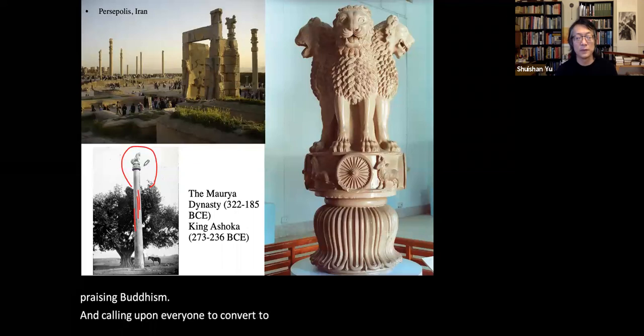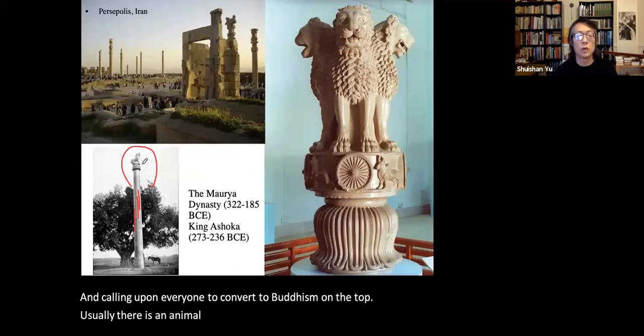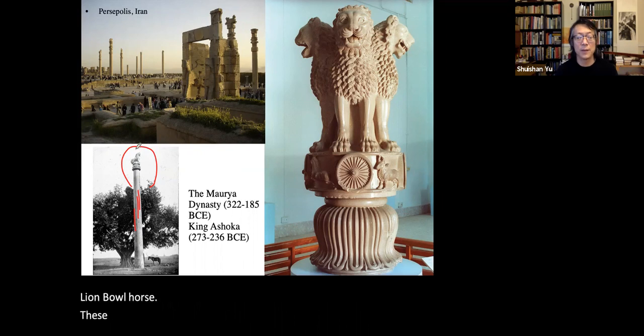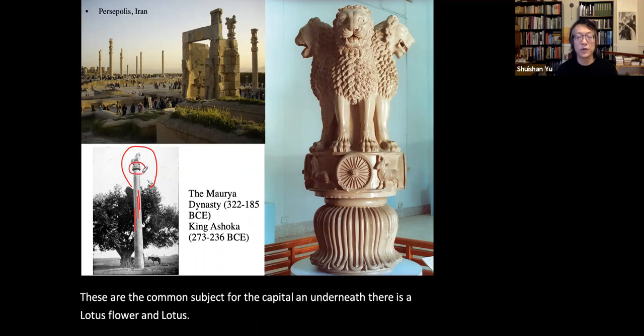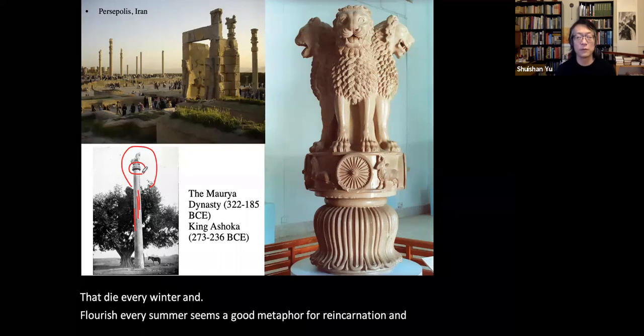On the top, usually there's an animal sculpture: lion, bull, horse. These are the common subjects for the capital. And underneath, there's a lotus flower. A lotus that dies every winter and flourishes every summer seems a good metaphor for reincarnation and rebirth, for the cycle of life.